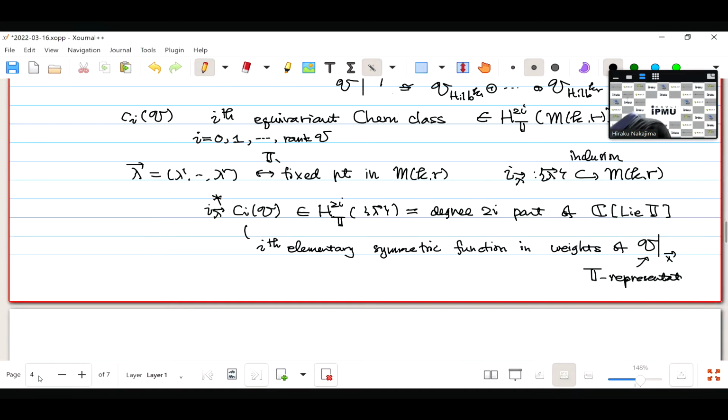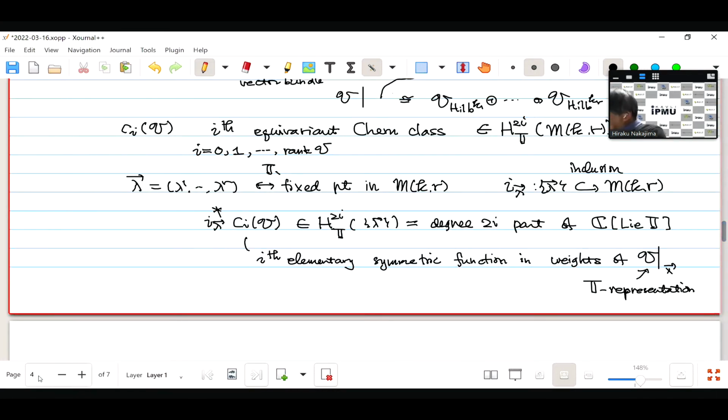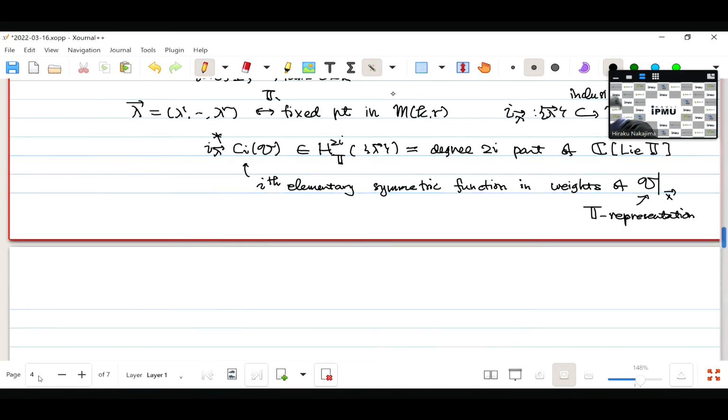So you can consider its weights. The rank is K, so you have K weights, and you consider the i-th elementary symmetric function, for i from 0 to K. So this is not the definition, but this is a property of the equivariant Chern class of an equivariant vector bundle at a fixed point.